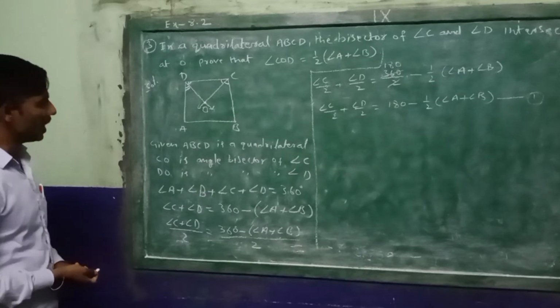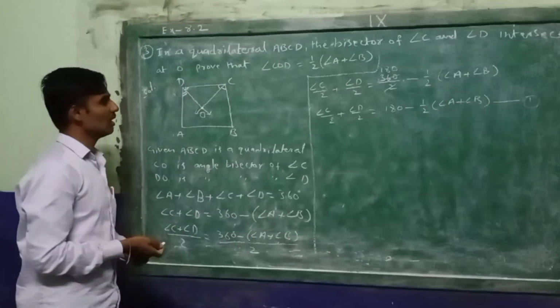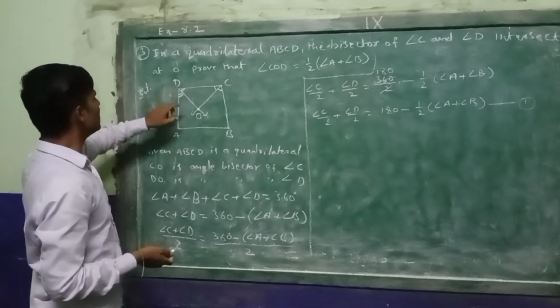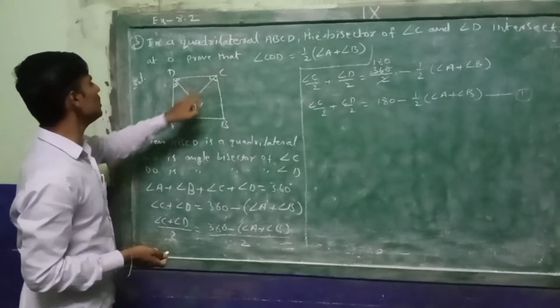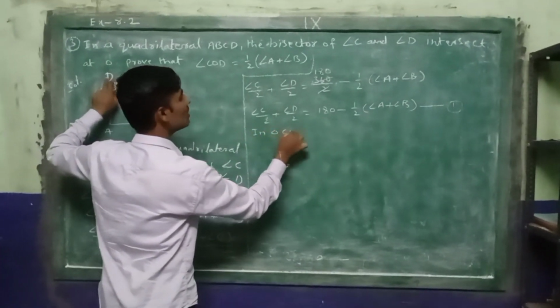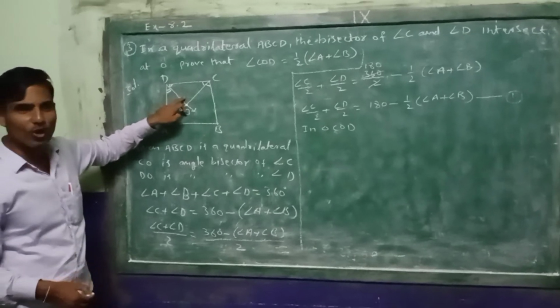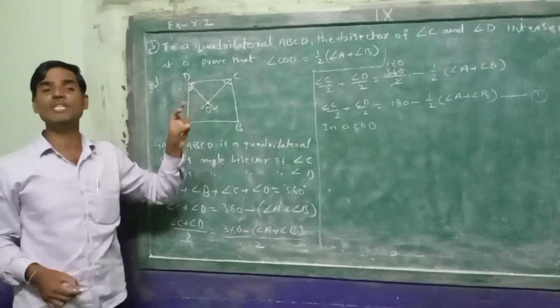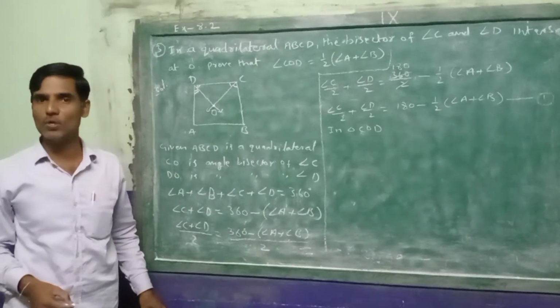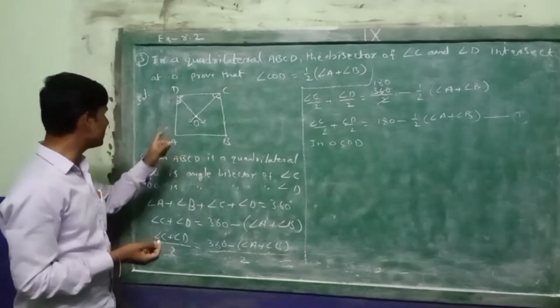Okay. Now see, I am taking triangle COD. In triangle COD, the sum of the three angles in a triangle is equal to 180 degrees. Okay, I am applying that here.